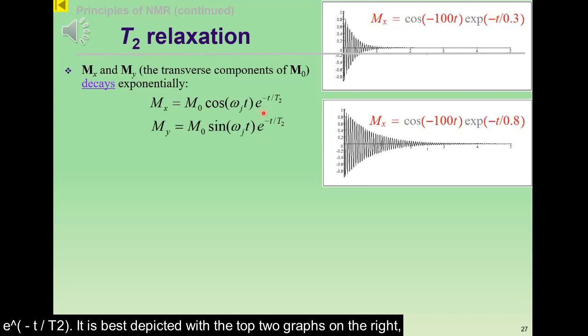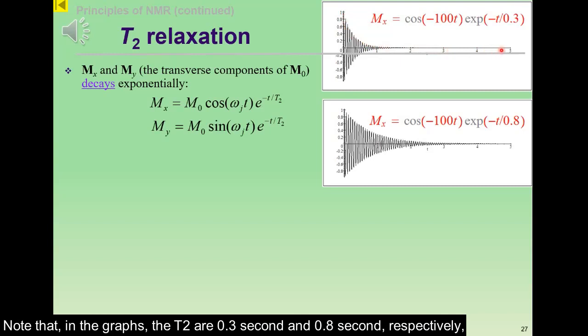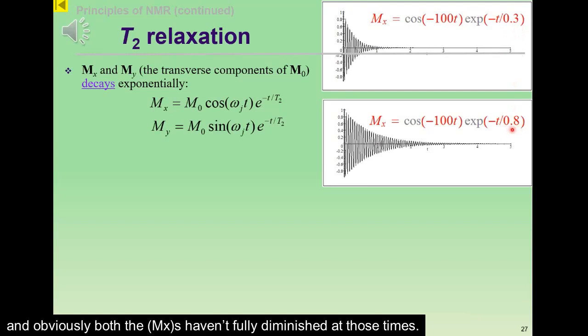It is best depicted with the top two graphs on the right, where we can see clearly how the two M-axes diminish with time. Note that in the graphs, the T2 are 0.3 second and 0.8 second respectively. And obviously, both the M-axes haven't fully diminished at those times.